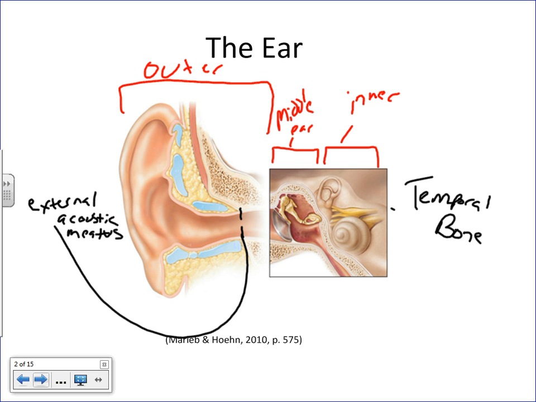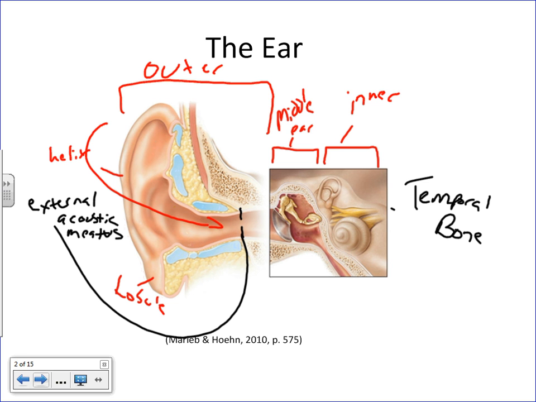Now, when we take a look at the outer ear, essentially the outer ear is designed to funnel sound into the ear itself for the purpose of hearing. Down here, this would be the lobule. This would be the helix.